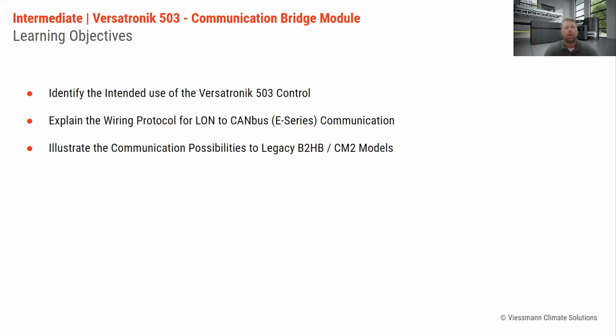We went over the wiring protocol from LAN to CAN bus. So it doesn't actually really go to CAN bus, although I wanted everybody to understand the two communication differences between our new boilers and our current and legacy boilers. So CAN bus in the E-series, LAN in some current and legacy boilers.